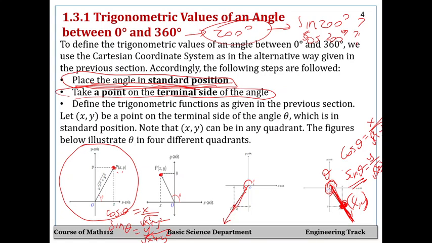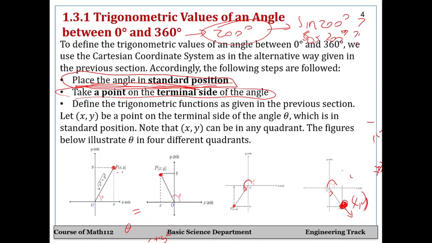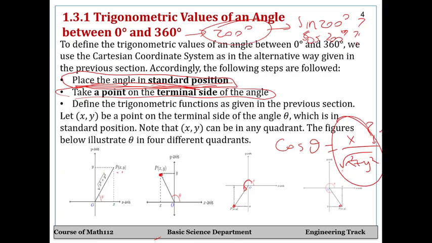Now, my suggestion is, if you don't remember the rules, okay, you can always use the formulas in the first quadrant. So if you don't remember the rules here for cosine theta, what is this? Is it this one or is it the other one? So how can you make sure?